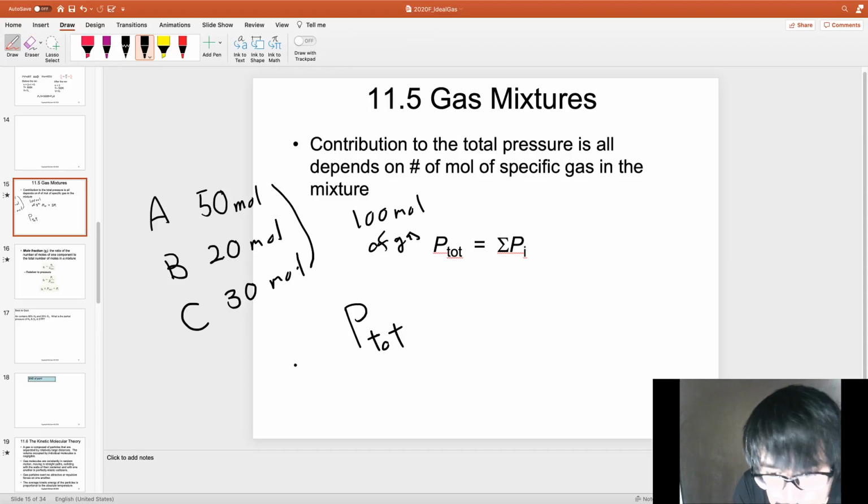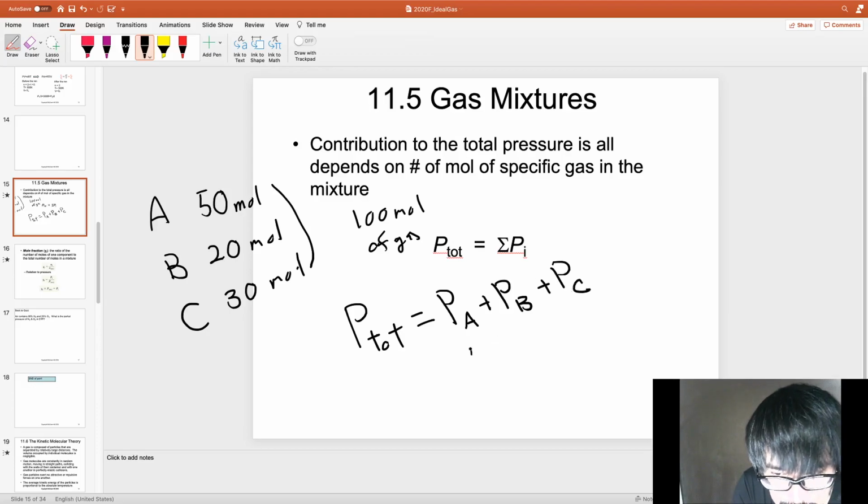Total pressure is equal to the pressure purely from A plus the pressure purely from B plus the pressure purely from C. These are the partial pressure of A, partial pressure of B, and partial pressure of C. That's what I meant by partial pressures.